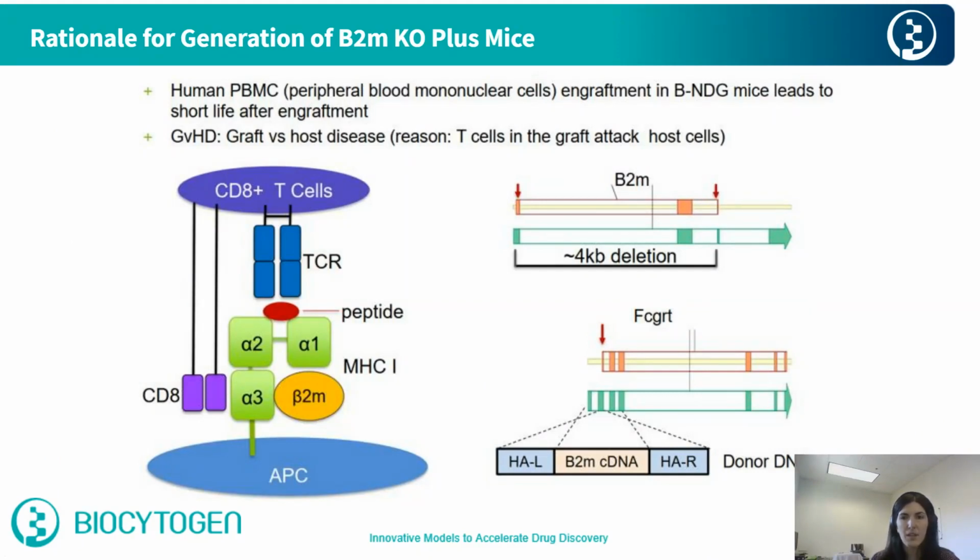So disruption of the endogenous beta-2 microglobulin allele is shown on the top right, with the addition of that same cDNA into the FcRn locus, so as not to disrupt the function of FcRn. Thus, we have a new BNDG model with MHC1 essentially disabled. So this prevents T cells in the graft from attacking the host cells, but allows for normal presence of beta-2 microglobulin for IgG recycling.